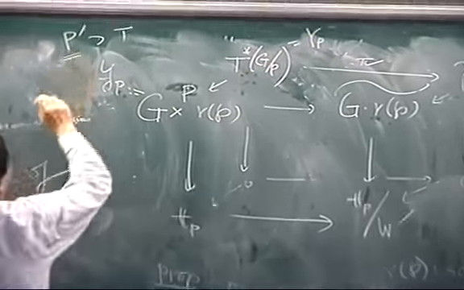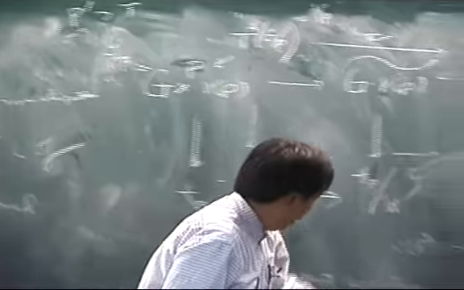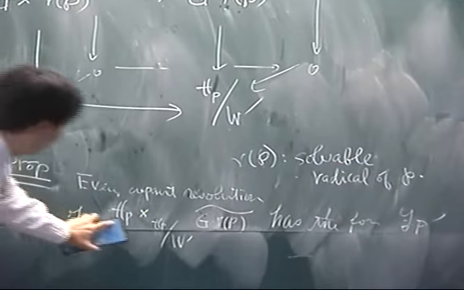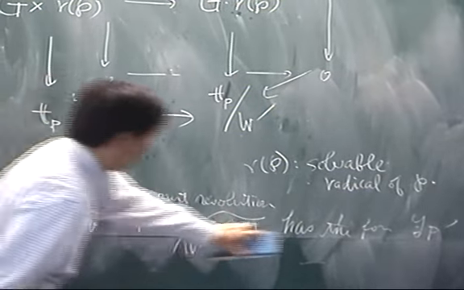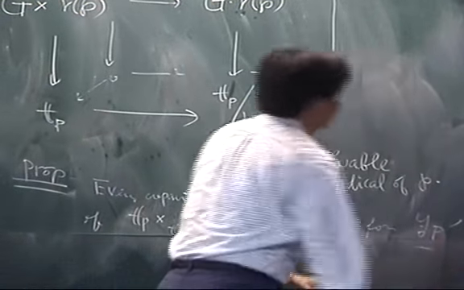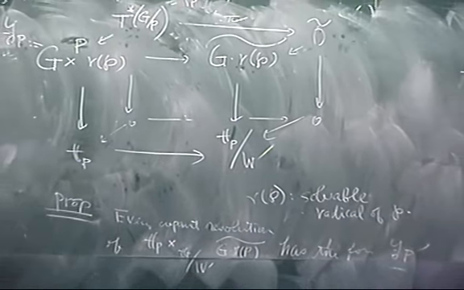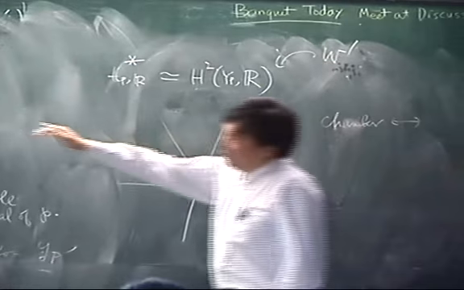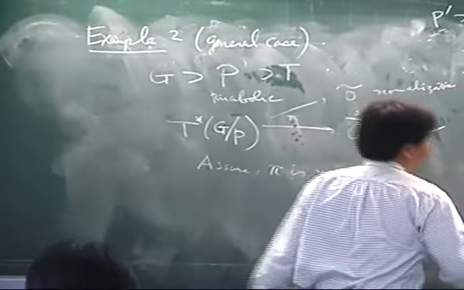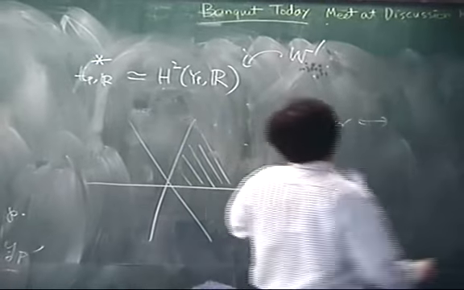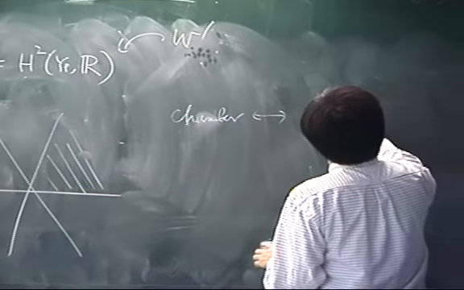We choose such P prime, then every crepant resolution of the fiber product has the form YP prime. Then each chamber, in such a general case, doesn't correspond to an ample cone. It's just a movable cone.